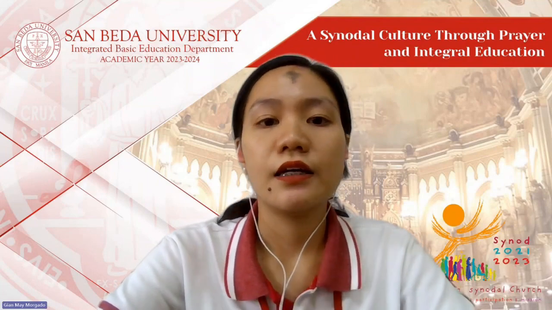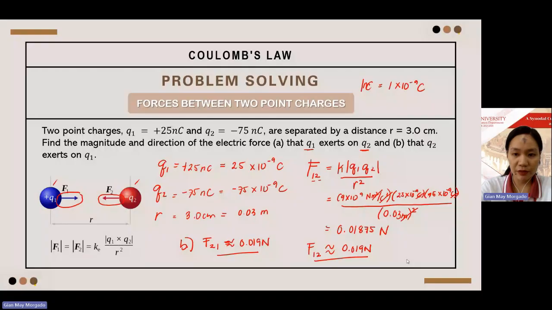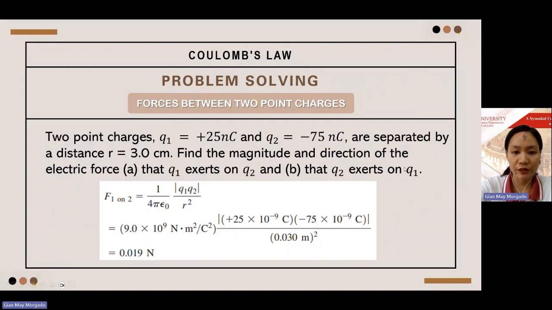All right, so these are the answers. Here is my computation, and here is the much clearer solution. Now, in the worksheet that you will be working on, please take note that you might solve not just for the force, but for the value of Q. For example, the formula is F equals K Q1 Q2 over r squared.